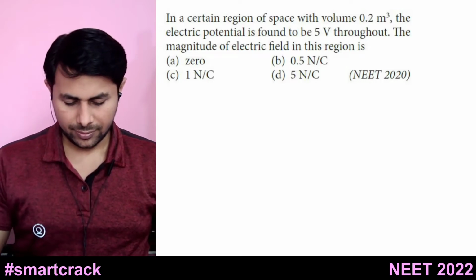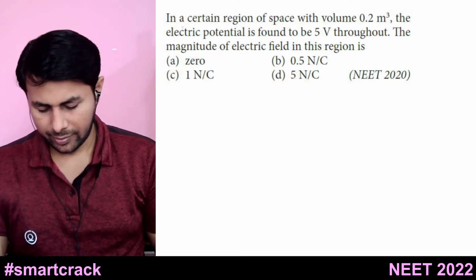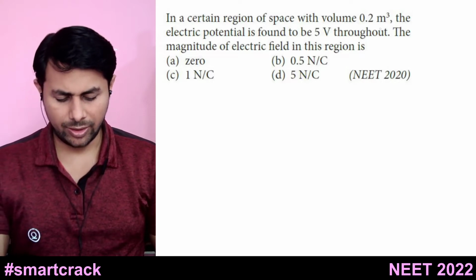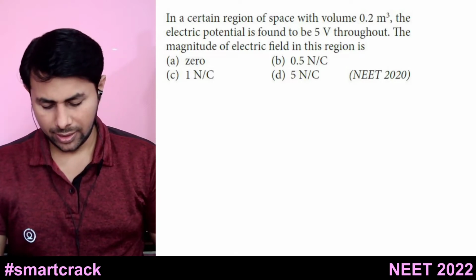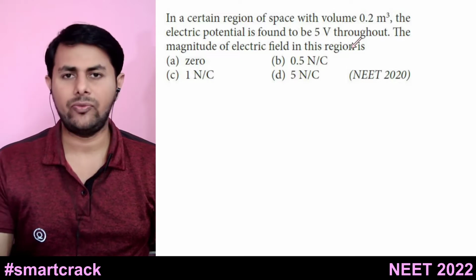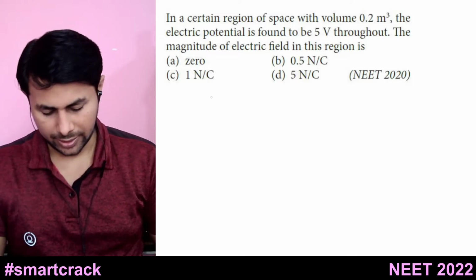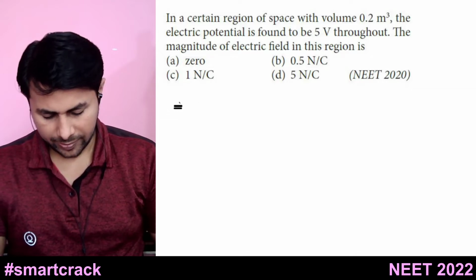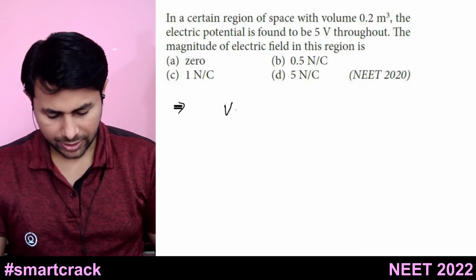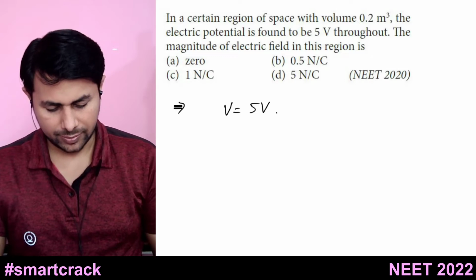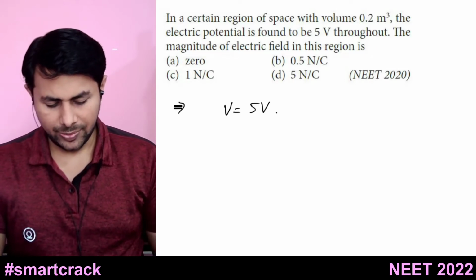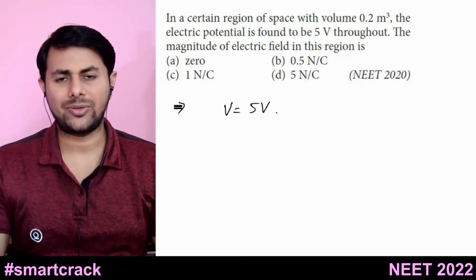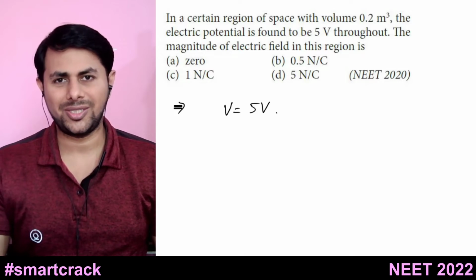So problem 1. In a region of space with volume, the electric potential is found to be 5V throughout. Given is electric potential equals 5 volts. Then we want to find out the magnitude of the electric field. The potential is this much.